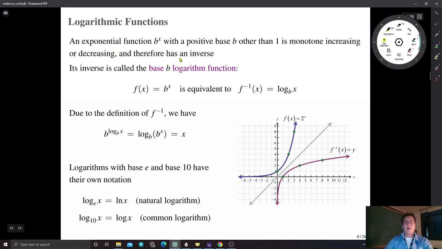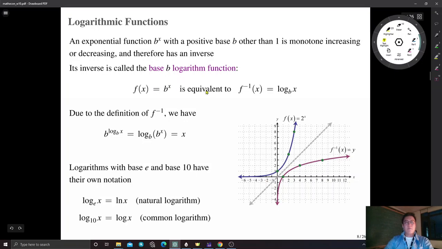So the inverse function exists. The inverse function of exponential exists, and the inverse of b to the power x is called the base b logarithm function. So if f of x is given by b to the power x, then its inverse is going to be logarithm with base b of x.